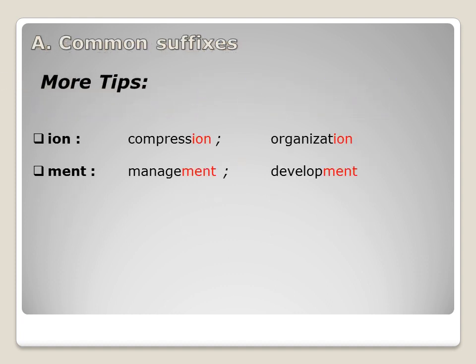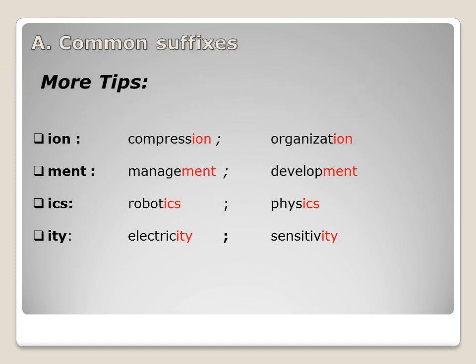There are other suffixes that are commonly used to form nouns from other parts of speech, and they often indicate an activity, state, or quality. Here are some general rules for each suffix.